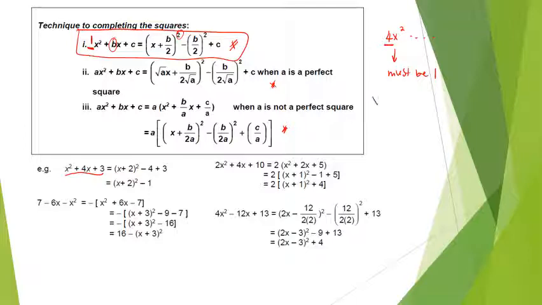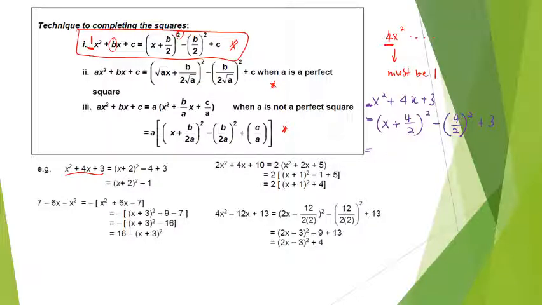We have x square plus 4x plus 3 equal to, so saya buat equal kat bawah. Kat sini the coefficient for x square is 1, so tak adalah nak bahagi, terus guna formula. So x plus, what is our b? 4 kan, (4 over 2) square minus (4 over 2) square plus 3, which is our c. And then simplify je.